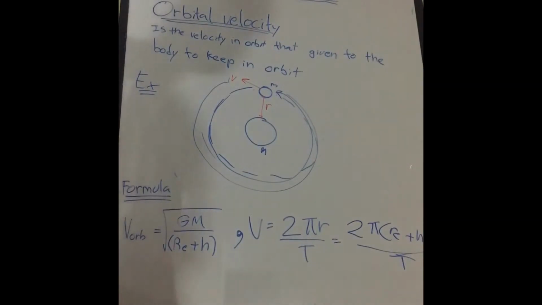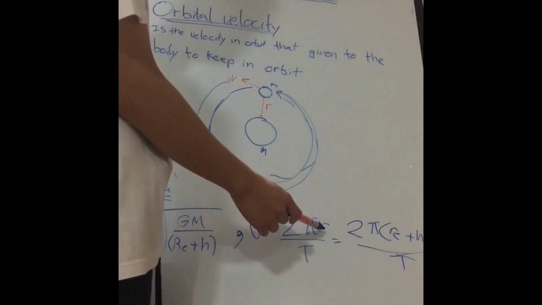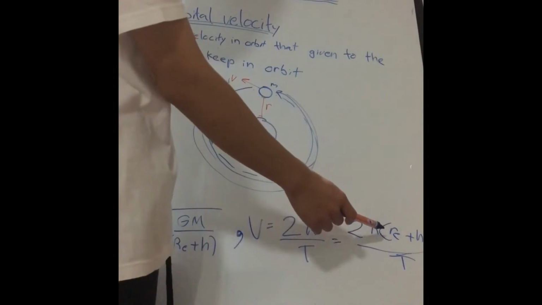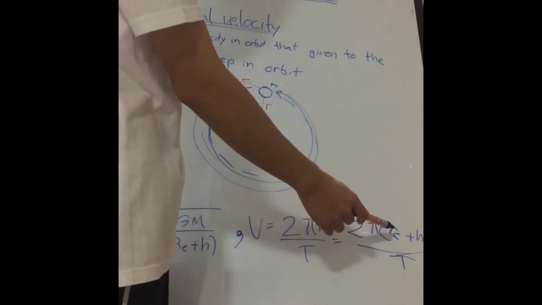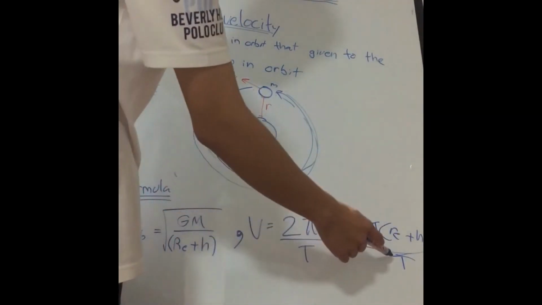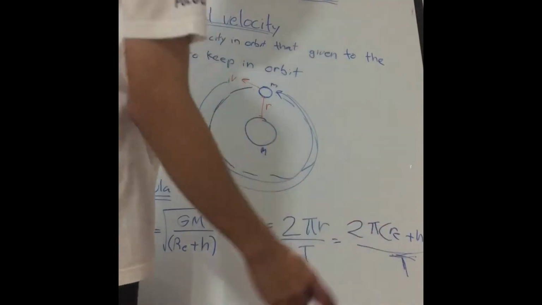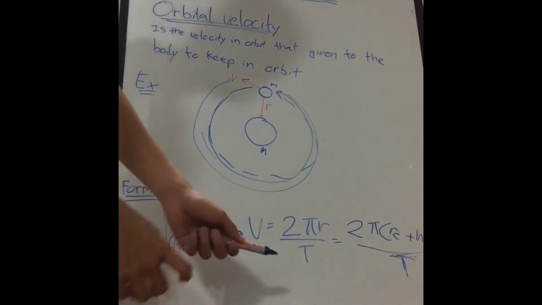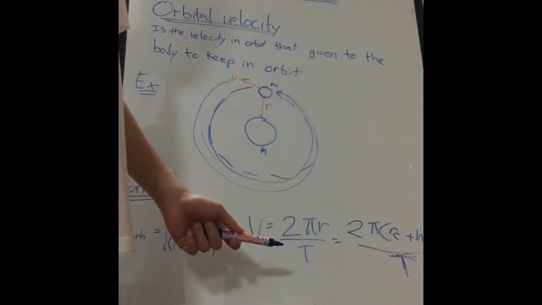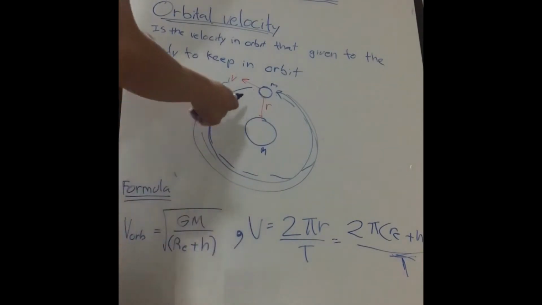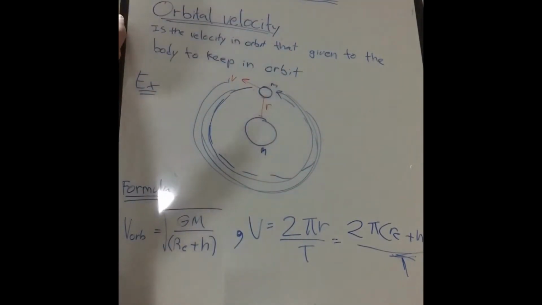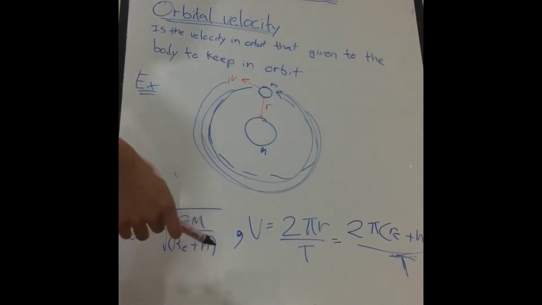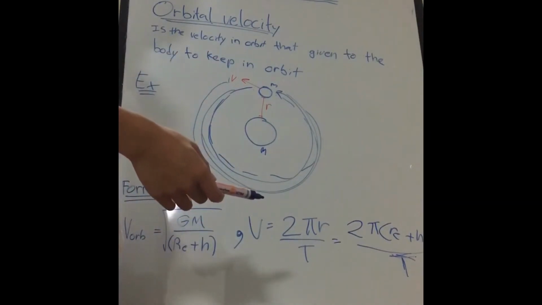And you can see that r can be expressed as the radius plus h, over the period. And T is the period of the rotation of the moon or the satellite that rotates around the planet.